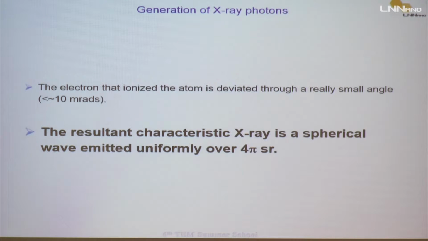And by going to the ground state again, this element will generate the X-ray photons, and the resultant characteristic X-ray will be generated as a spherical wave emitted uniformly over 4π steradians.